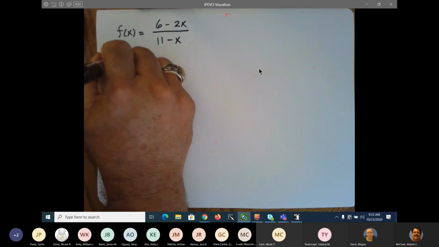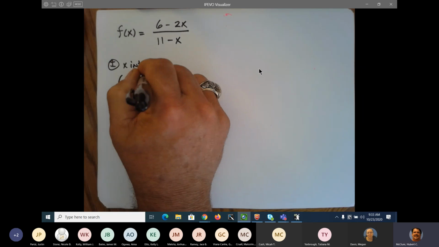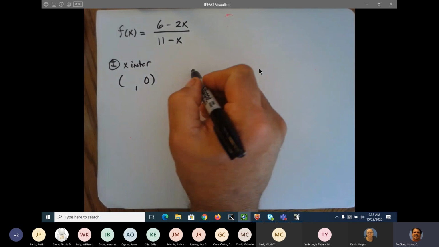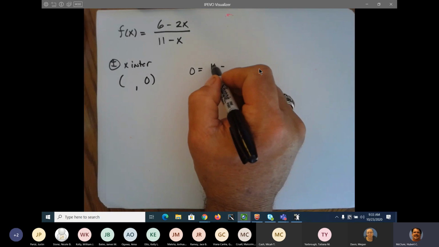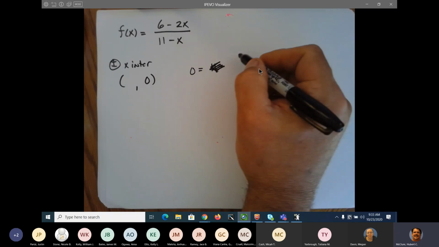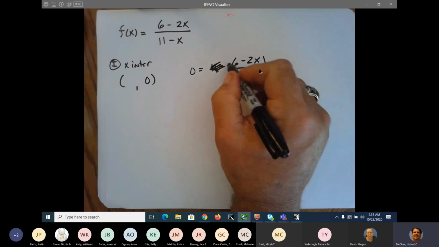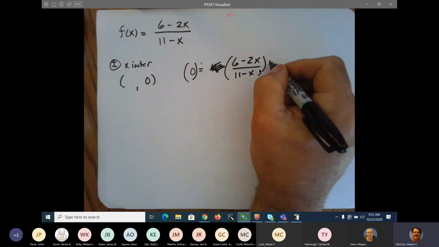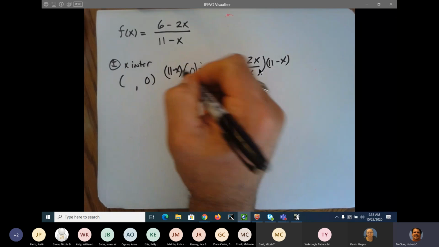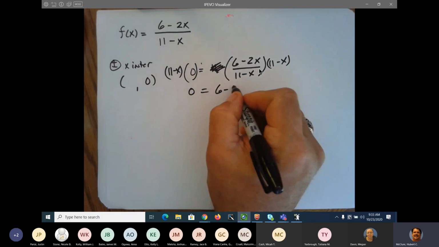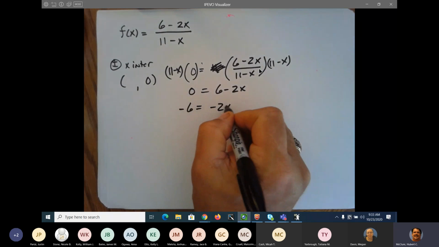First, x-intercept. Plug in 0 for y. So 0 is equal to 6 minus 2x over 11 minus x. Multiply both sides by 11 minus x. And 0 is equal to 6 minus 2x. Negative 6 is equal to negative 2x.